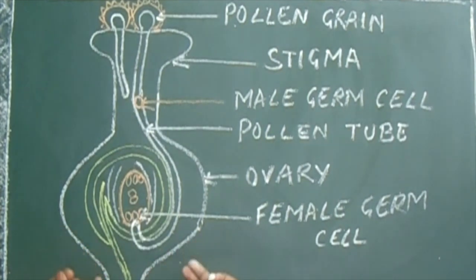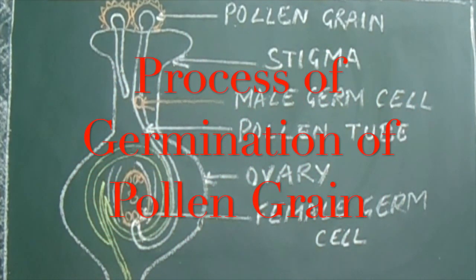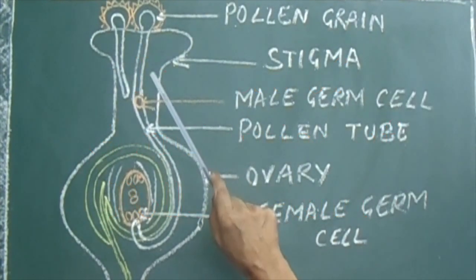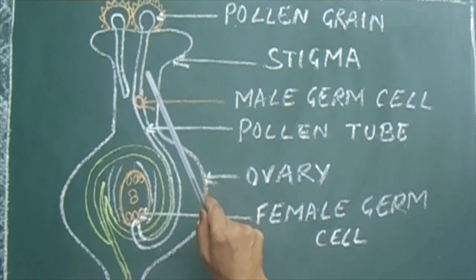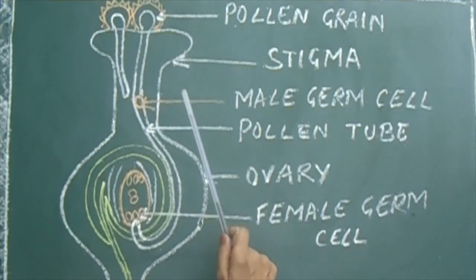Again, let us learn about the germination process. Now we know that the process of pollination occurs through different agents like wind, water or animals.